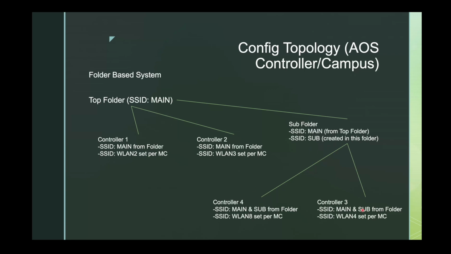Then controller 3 and 4 both inherit the main and sub WLANs, with the sub being pulled from the subfolder and the main being from the main top folder. And then these controllers also have per controller overrides. It's important to note that every single controller in the stack, no matter what folder it's in, can have its own settings. Here I'm just simply demonstrating the kind of top-down waterfall templating system.